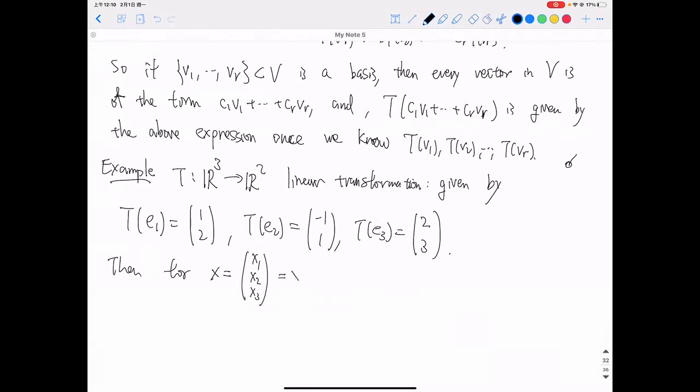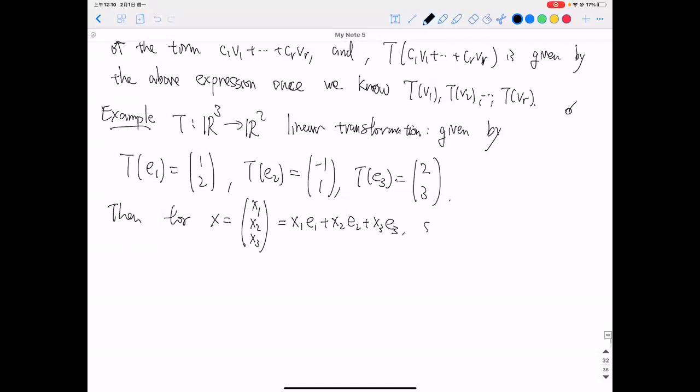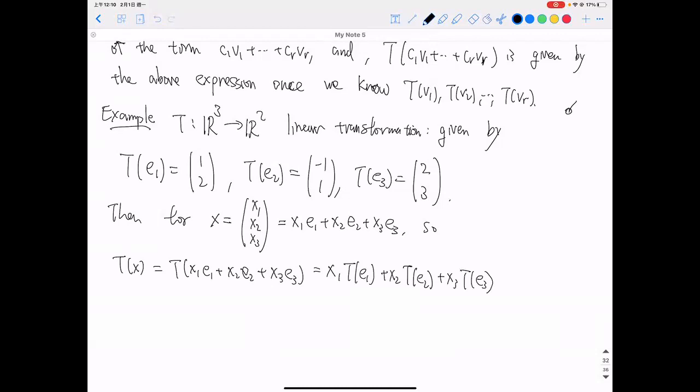First of all, notice that X is X1 E1 plus X2 E2 plus X3 E3. So T of X is T of X1 E1 plus X2 E2 plus X3 E3, which is, as we discussed above, X1 T of E1 plus X2 T of E2 plus X3 T of E3.